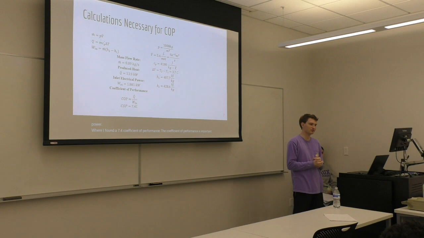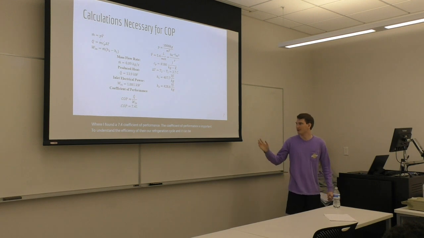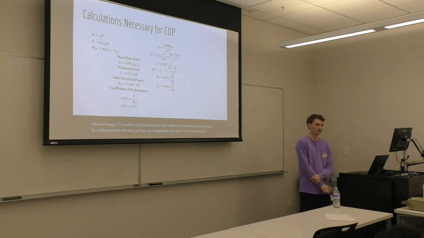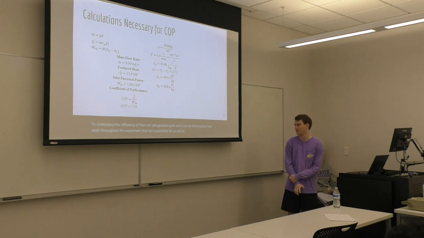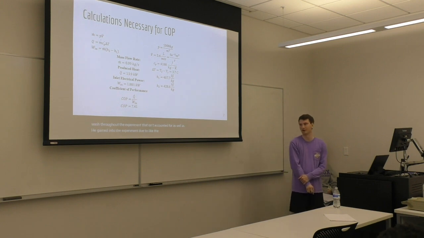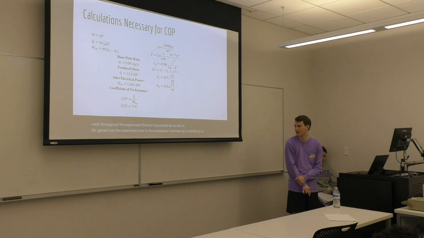The coefficient of performance is important to understand the efficiency of our refrigeration cycle, and it can be influenced by heat loss throughout the experiment that isn't accounted for, as well as heat gained into the experiment due to the compressor overheating or something along those lines.